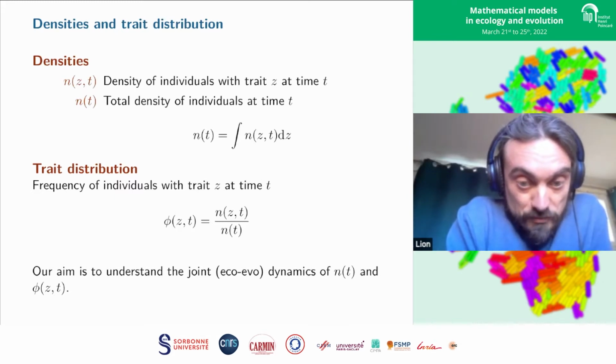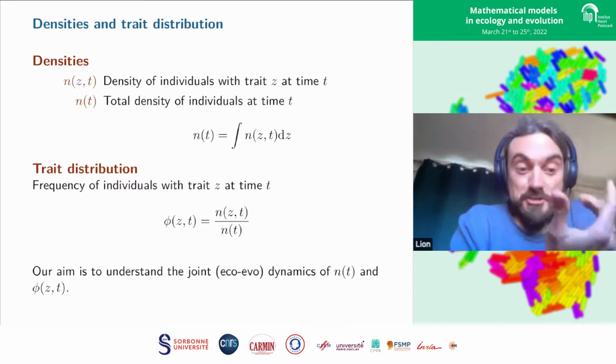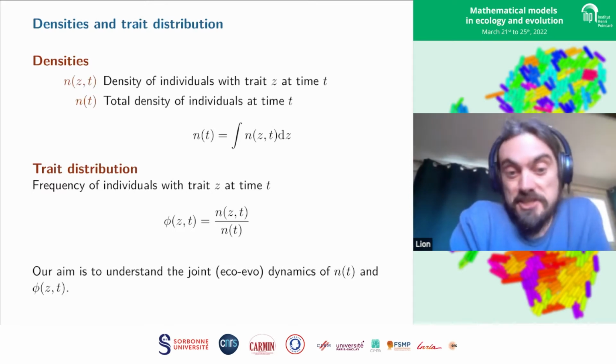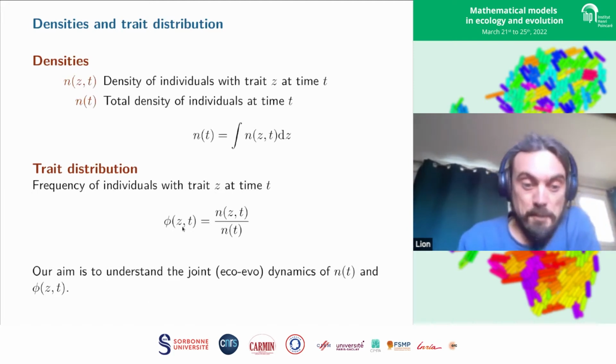From these two quantities, we define the trait distribution, which is the frequency of individuals that have trait z at time t, this quantity phi(z,t) here. So our aim is to understand the joint eco-evo dynamics of N(t) and phi(z,t).